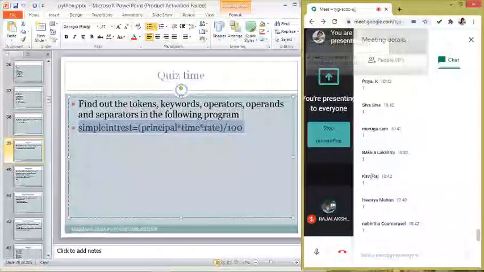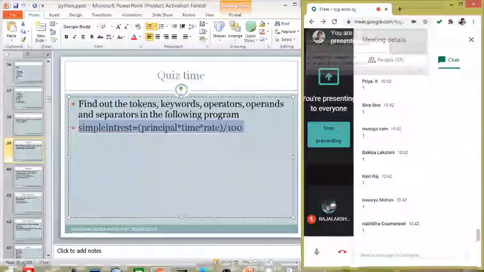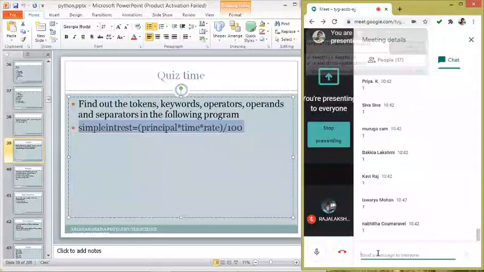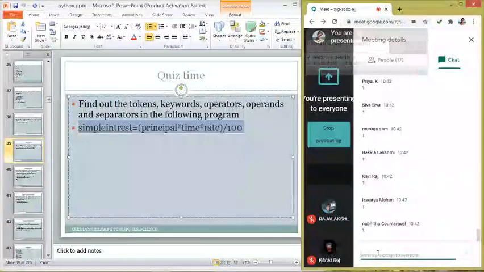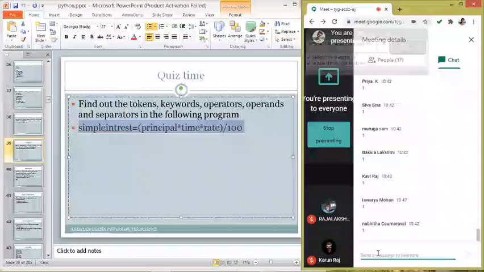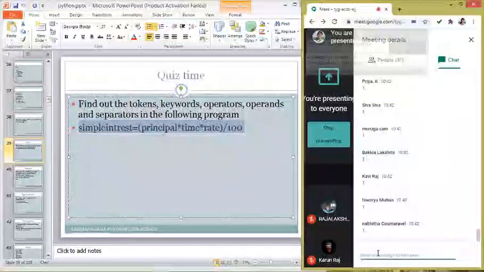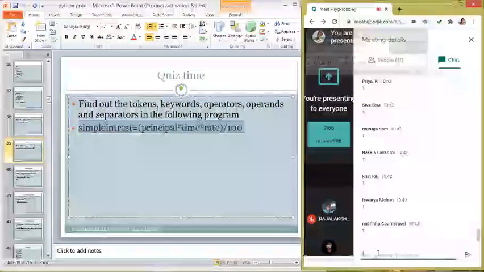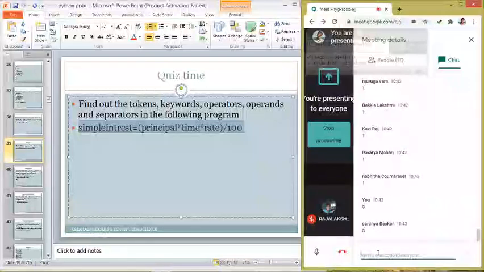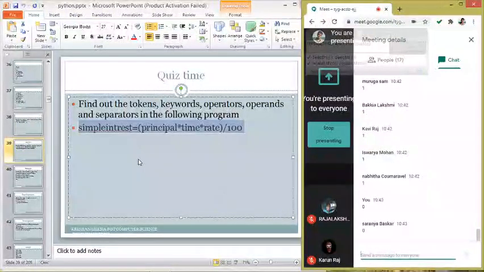Please type the name of the keyword which is present here. I don't think there is any keyword. Here 0 keywords are available. No keyword is available here.